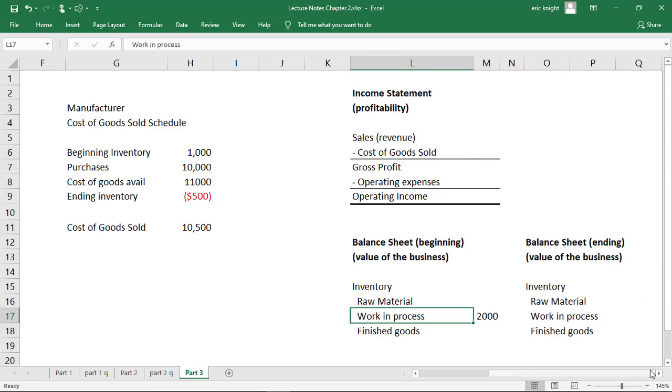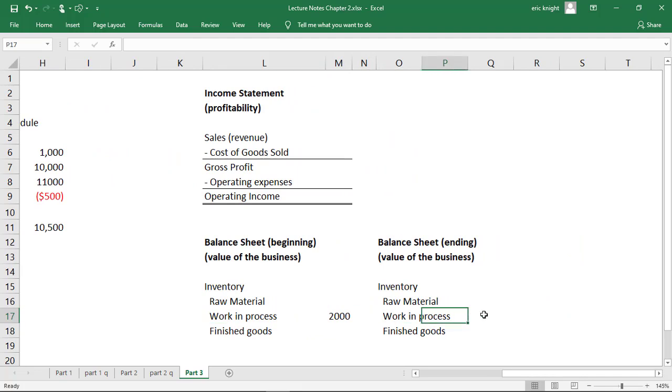And let's scroll over a little bit, and then we have work in process at the end of the year, skateboards that we didn't finish at the end of the year worth $5,000, and then we have the finished goods, and the finished goods would be the skateboards that we finished, and we have 6,000 and 8,000.